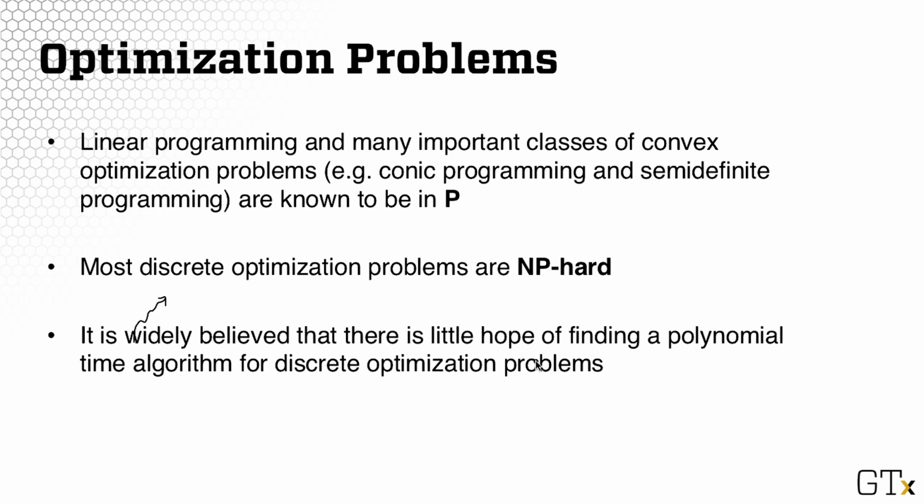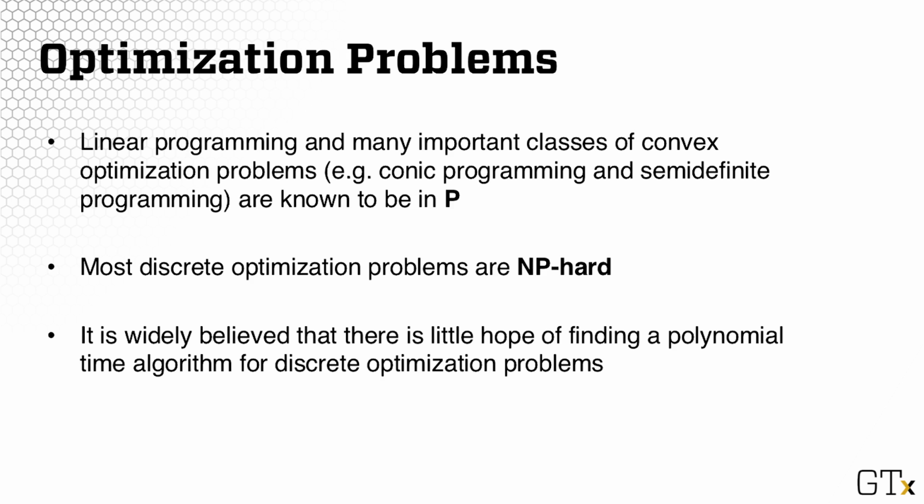Now, linear programming and many important classes of convex optimization problems, such as conic programming and semi-definite programming, are known to be in P, for which we know polynomial time algorithms. Unfortunately, discrete optimization problems or integer programming problems are NP hard. We do not know polynomial time algorithms for these problems, and we do not know how to verify a given solution in polynomial time.